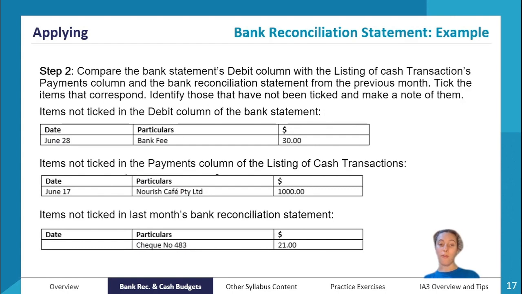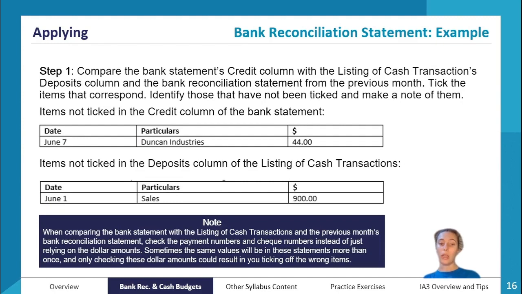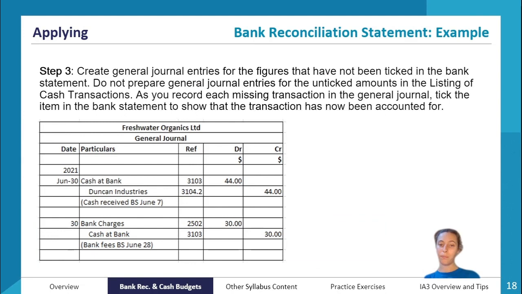But we don't have, for example, the $1,000 from Nourish Cafe or the $900 in sales from June 1st. So making sure to be aware of that distinction and only include the ones that you need.